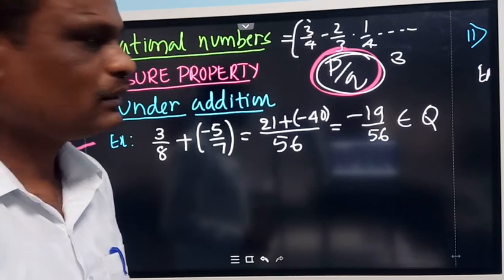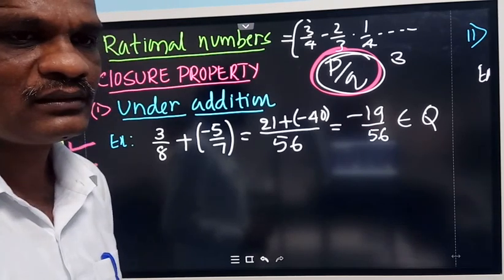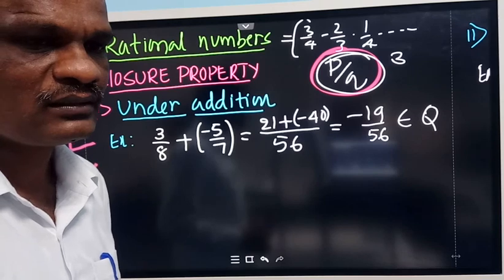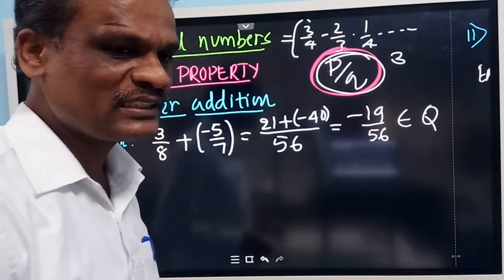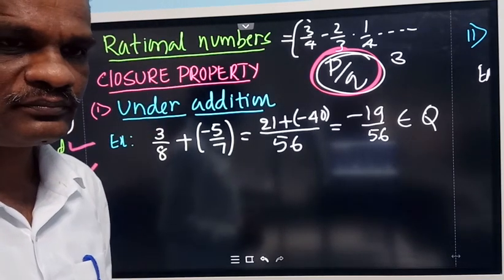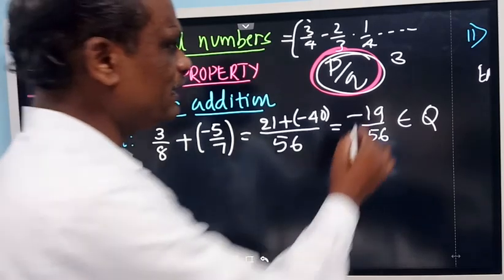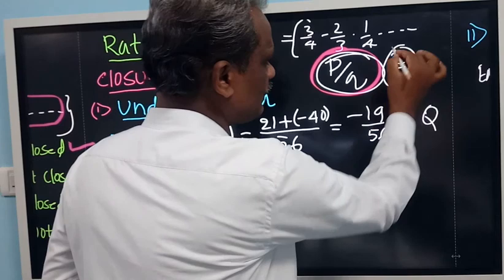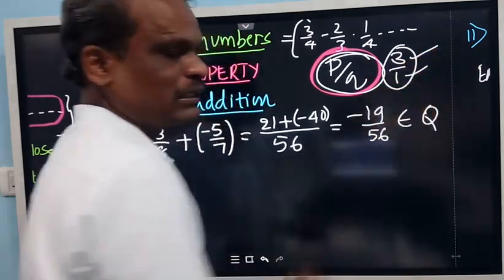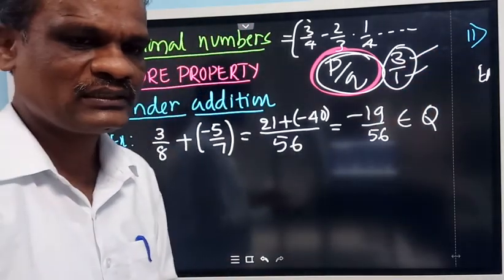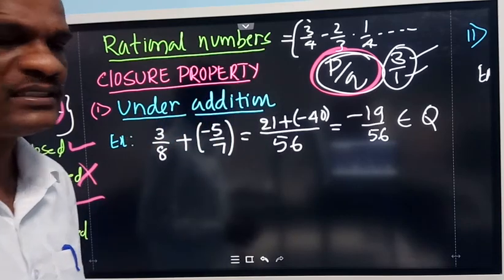Yes, sir. Why is it a rational number? Can you express it in the form of P by Q? Yes, sir, 3 by 1. You can write it as 3 by 1. So this is also a rational number. So all natural numbers and whole numbers are rational numbers only.